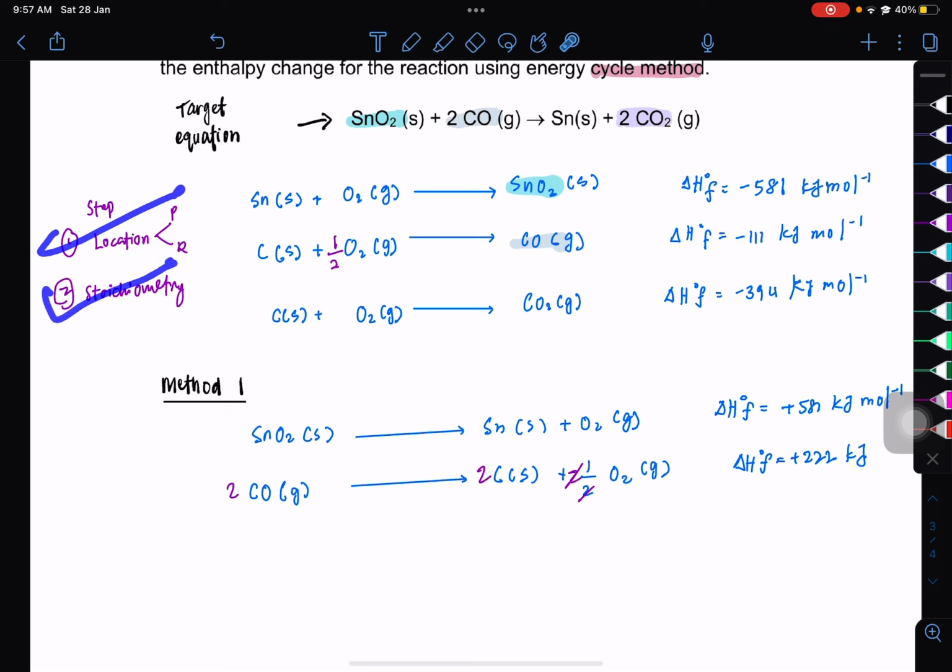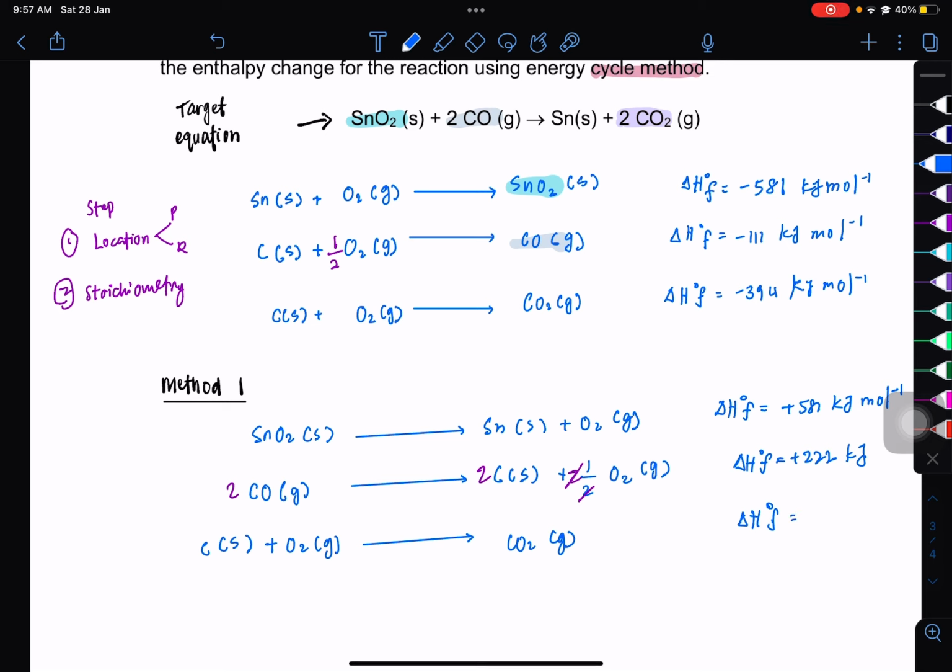The next is stoichiometry: here it is 2 and here it is 1. So multiply the whole equation by 2. Just copy it as usual, there is no need to swap places. No need to change, just multiply by 2.